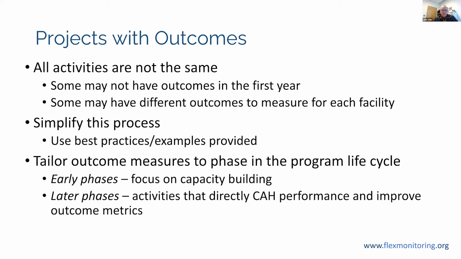And then tailor the outcome measures to the phase of the program lifecycle. This is particularly critical. Early phases, focus on capacity building. Are they collecting the information as needed to bill? Is the charge master accurate? Are they coding properly? Do they have a process, once they've generated a bill that gets rejected, to review and resubmit?